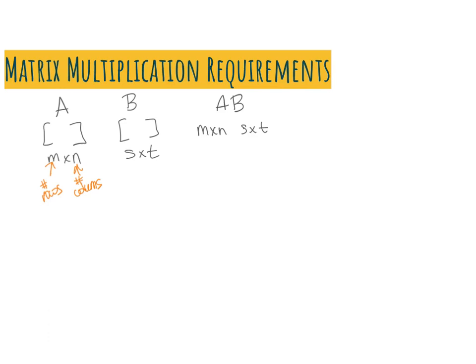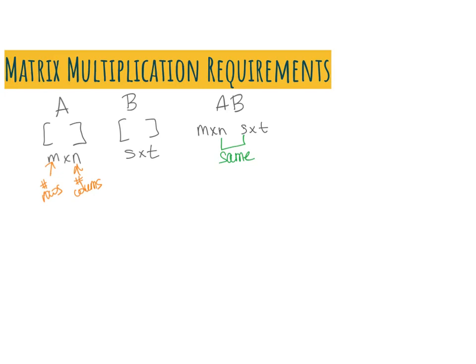Matrix multiplication requirements state then that this n times s, or n and s, those numbers have to be the same. So in other words, n is our column for the first one, and s is the row of the second one. So the number of columns for the first one has to match the number of rows for the second one.